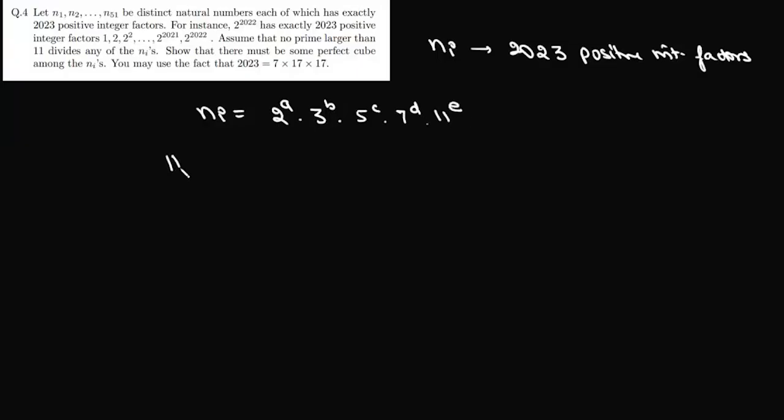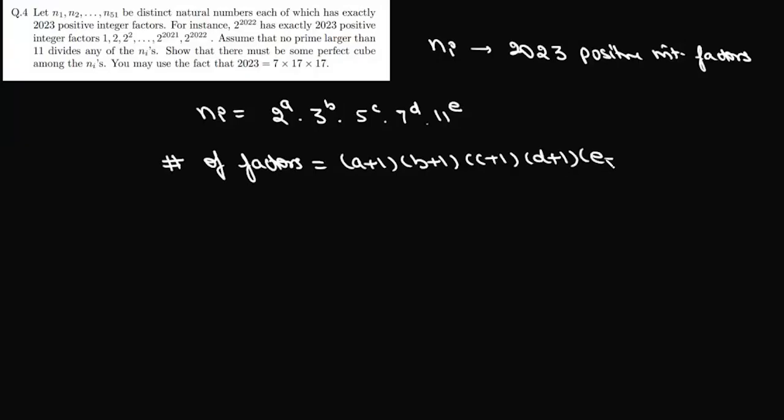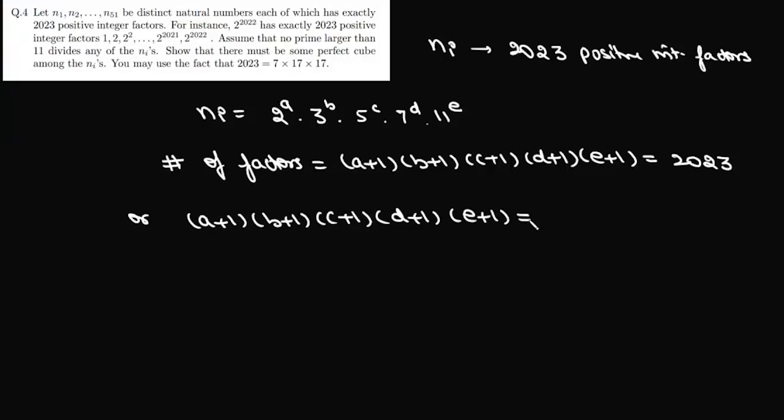Now in this case, the number of factors is given by (a plus 1) into (b plus 1) into (c plus 1) into (d plus 1) into (e plus 1), and that is equal to 2023. Or we can write this as (a plus 1)(b plus 1)(c plus 1)(d plus 1)(e plus 1) will be equal to 7 into 17 into 17.